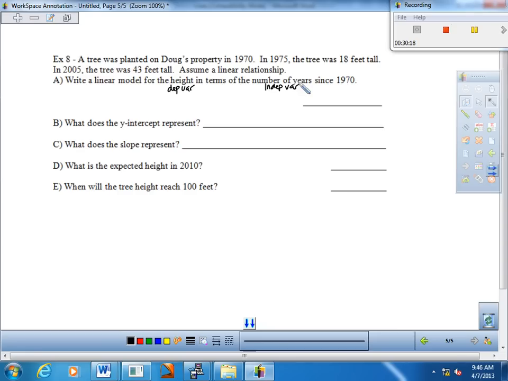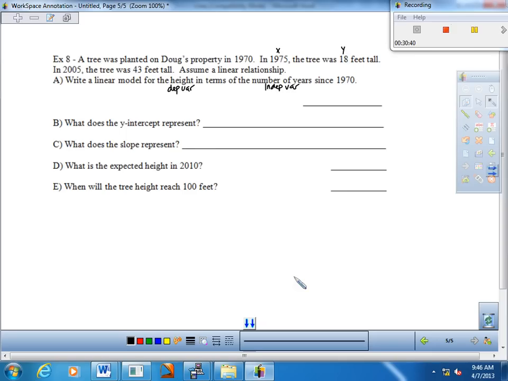And if you look, basically we have a relationship of these two quantities represented as two ordered pairs. We already have a match here, independent and dependent. And so here is an x, and here is a y, or an h and a t. So height in terms of time, in 1975, the height was 18.